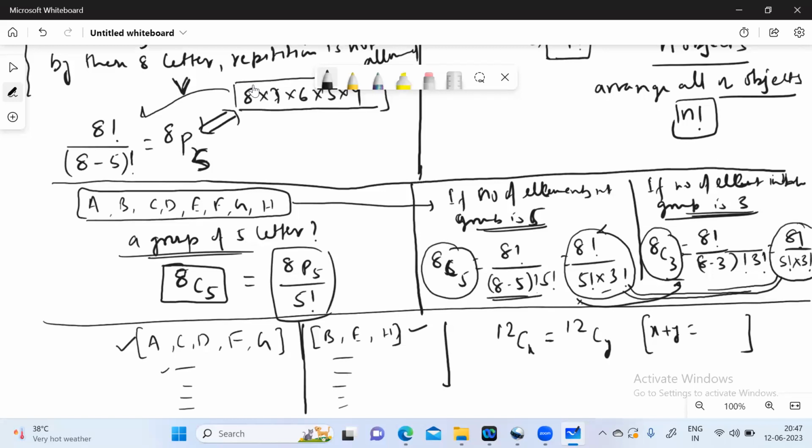X plus Y कितना होगा? Anyone? Adriza, Isani, Ilazika, Jagriti, Ruba? Anyone?